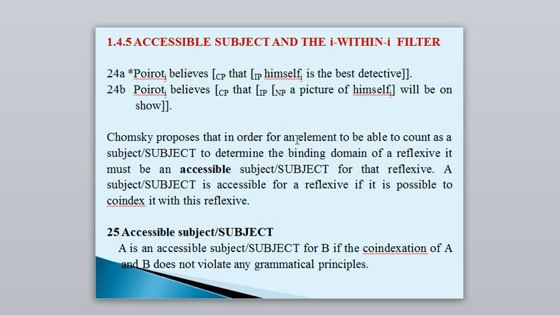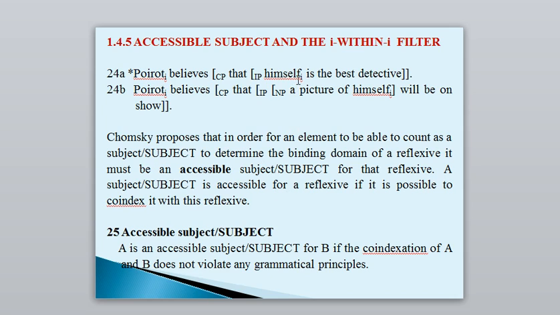Chomsky proposes that in order for an element to count as a subject or big subject that determines the binding domain of a reflexive, it must be an accessible subject for that reflexive. A subject is accessible for a reflexive if it is possible to co-index it with this reflexive.